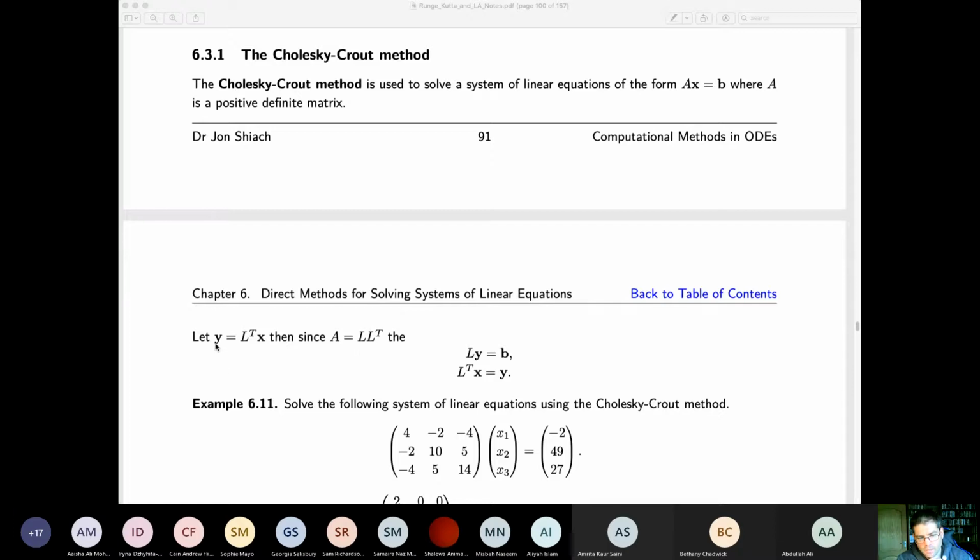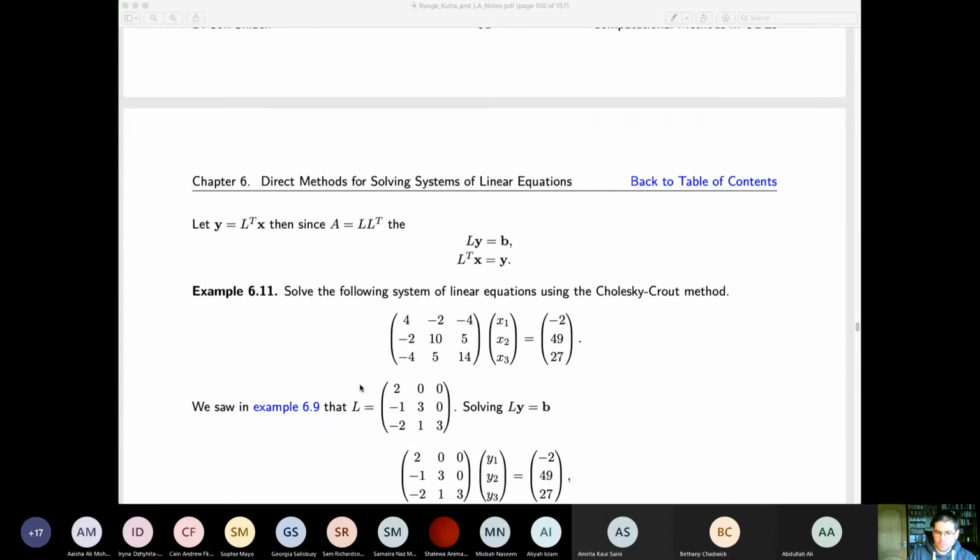So if we let Y equals L transpose times X, we solve for LY equals B, which is the same as the first step in the standard Kraut method. Okay, so L is lower triangular, so this is solved using forward substitution. And then we solve for L transpose X equals Y using back substitution. Okay, so we only need to calculate that one matrix L.